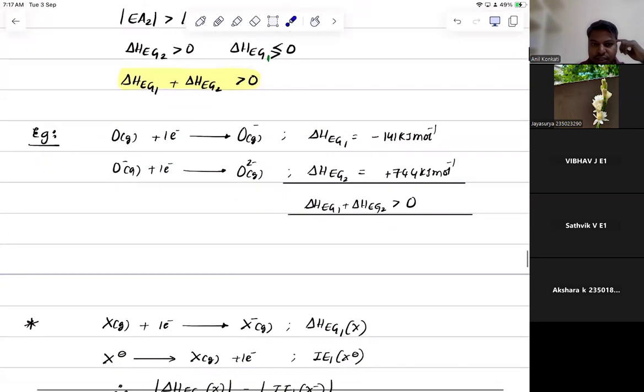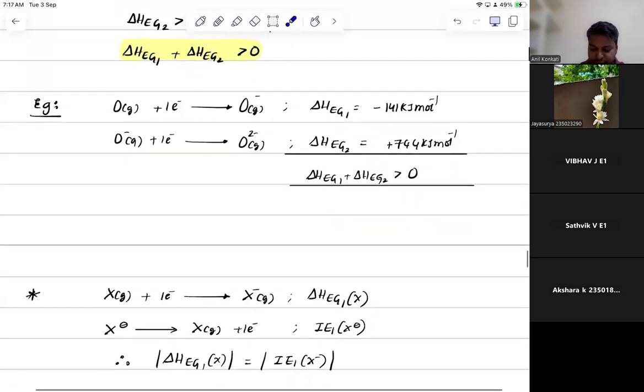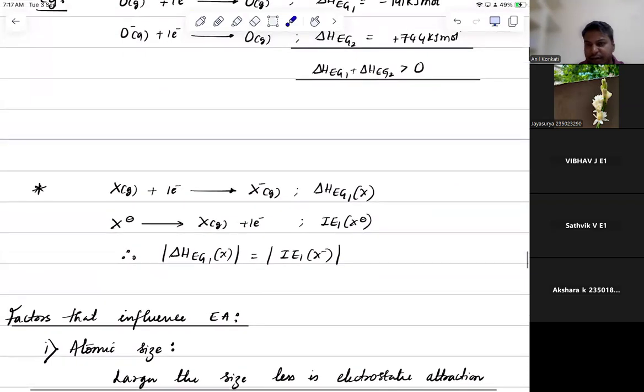When it comes to oxygen, adding one electron releases minus 141 kilojoules per mole of energy. Next, adding one more electron to O minus, we have to forcefully add 744 kilojoules of energy. Okay, so you could imagine that the sum of these two is positive. Every time you will observe this.